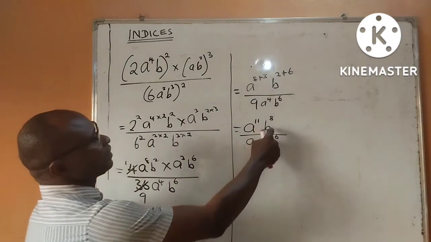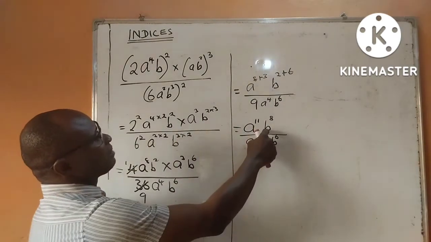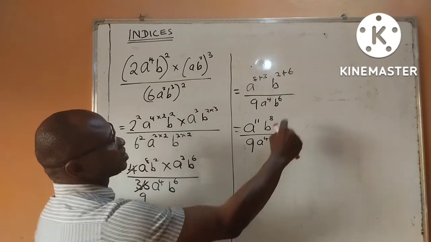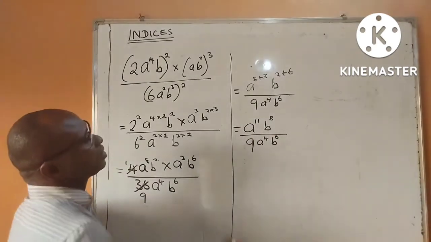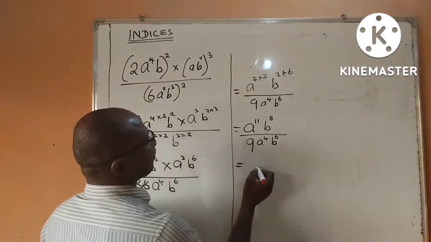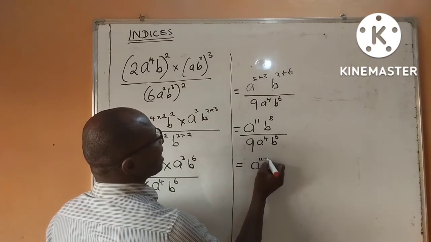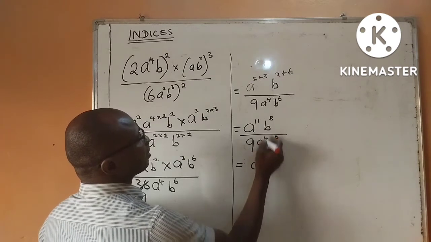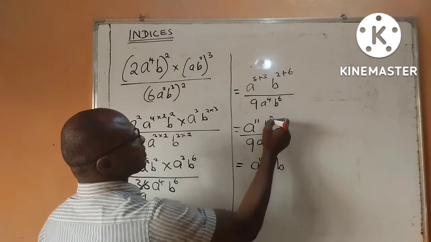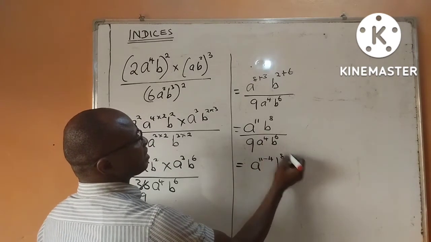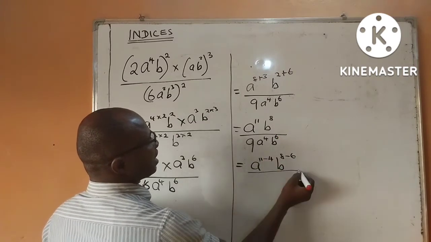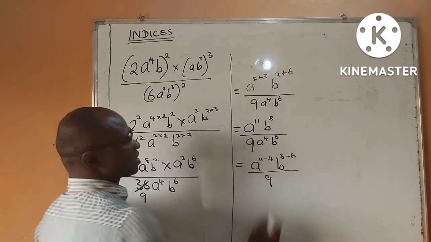The same thing to the b. b will now be b raised to the power 8 minus 6. So this is going to be a raised to the power 11 minus 4, then b raised to the power 8 minus 6, everything all over 9.